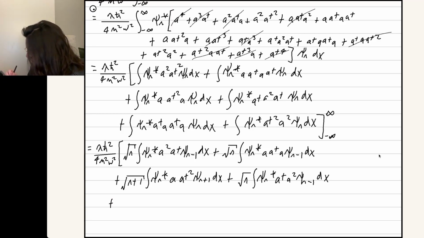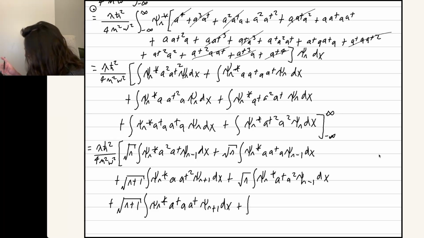And then raising operator, so root n plus 1, psi n star a dagger psi n plus 1 dx, plus integral, and actually do the operator, so it's a raising operator, so you'll get root n plus 1, integral psi n star a dagger squared a psi n dx from minus infinity to infinity.